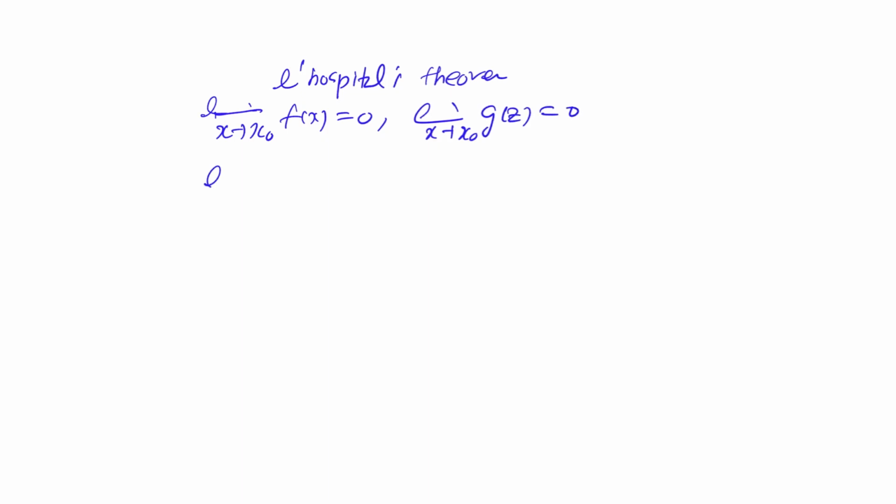Then L'Hopital's theorem says the limit as x goes to x0 of f(x) over g(x) is the same as f prime x0 over g prime x0. You probably learned that in your high school days from memorization. So actually this can be written as this.